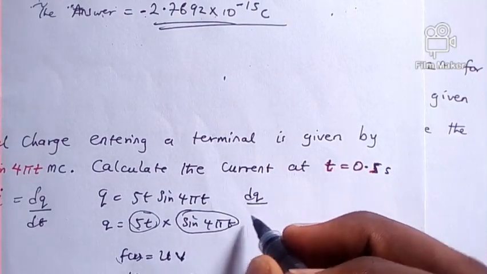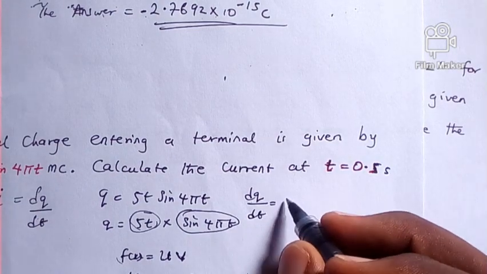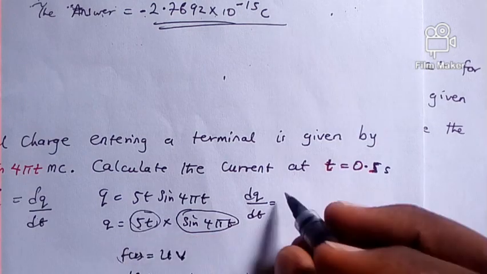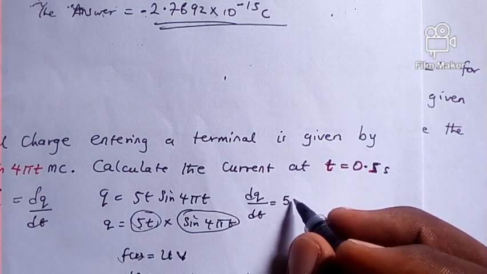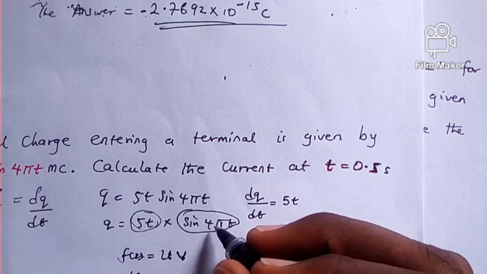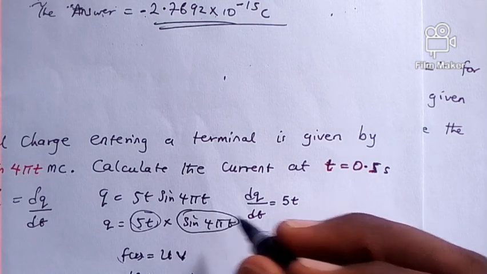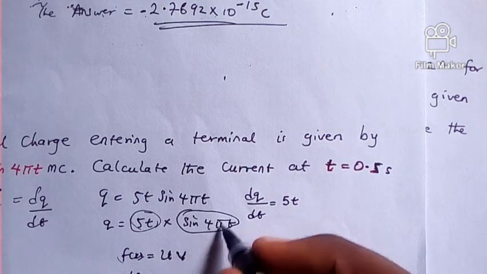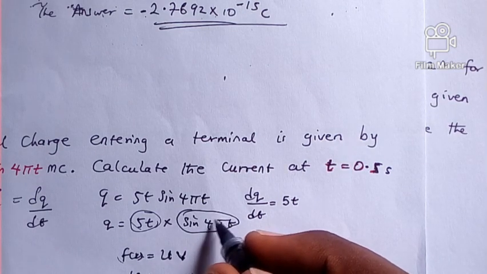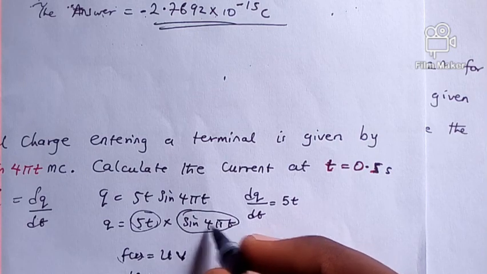dQ/dt is equal to: I take 5t, and I differentiate sine 4 pi t. If I differentiate sine, I get cosine. If I differentiate 4 pi t first, I have 4 pi.